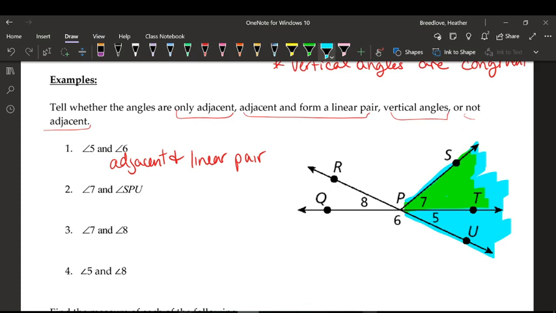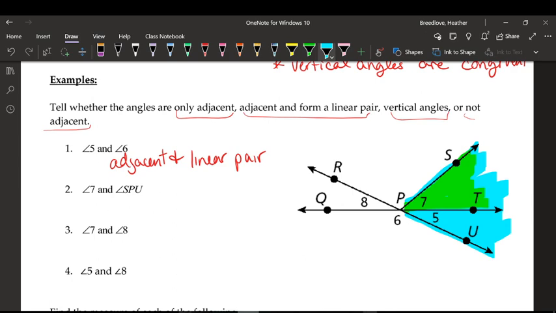So if we look back at the definition of adjacent angles, two angles in the same plane with a common vertex and common side, yeah, all that matches up, but no common interior points. The whole green angle is inside the blue angle. So everything about the green is common with the blue, right? So they cannot be adjacent angles. They're not next to, one is inside of.